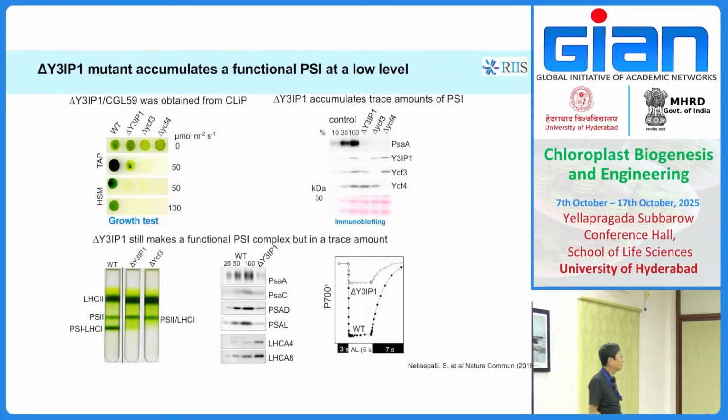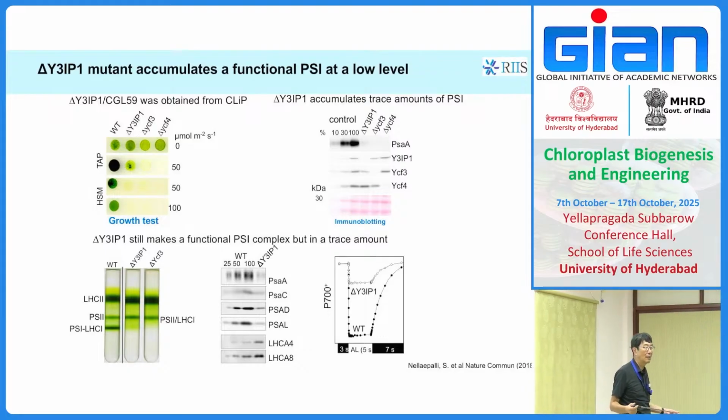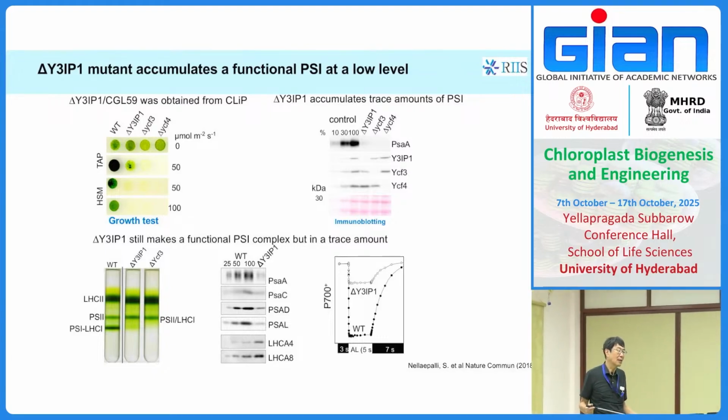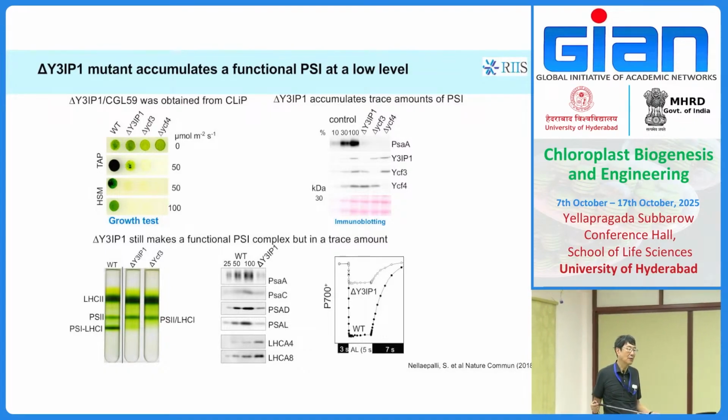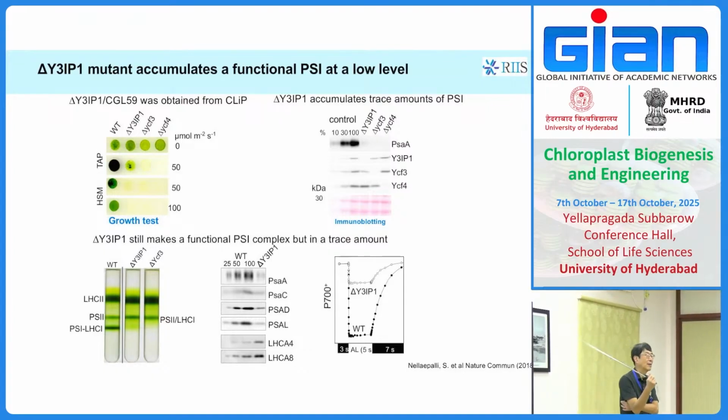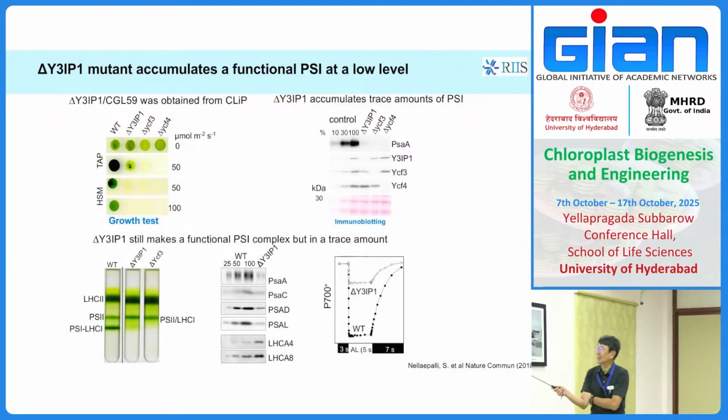We checked the growth of the cells. This is a dark condition, on TAP media. TAP media contains acetate, which is a carbon source for respiration. So Chlamydomonas cells can grow heterotrophically under this condition in the dark.